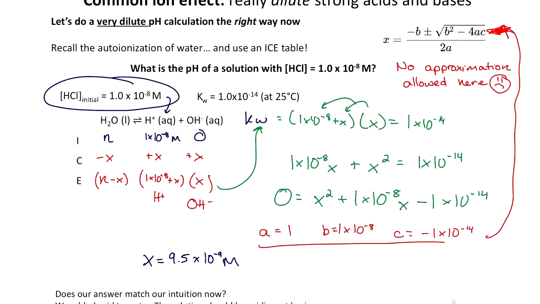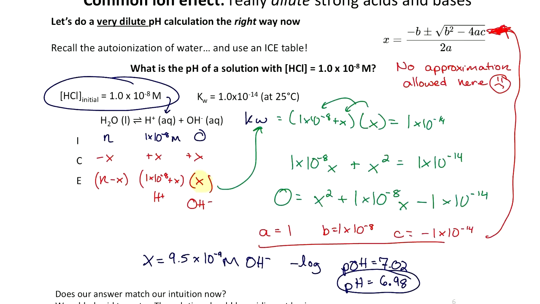How do you know it's hydroxide? That's what x is in the ICE table. Perfect. So this is the concentration of hydroxide, because that's how we defined it in the ICE table. So when I negative log this number, I'm calculating what? pOH. So I get that the pOH is 7.02. Then what does that make the pH? 6.98. So there is the pH.